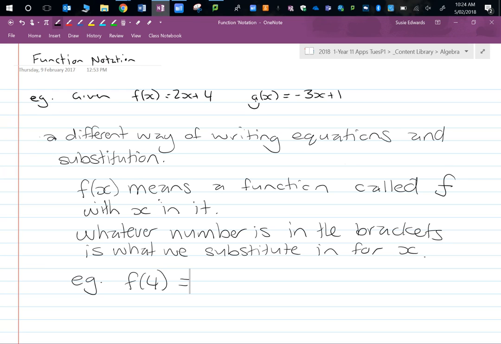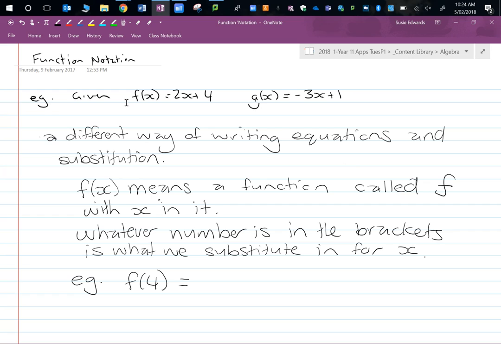This one's saying a function with x in it, we're going to call that function g because we've already got an f, so we need to define it as a different thing. So this is saying an equation, we're going to call it f, it's got x in it, and it's 2x plus 4. This is saying an equation with x in it, we're going to call it g, and it's negative 3x plus 1.